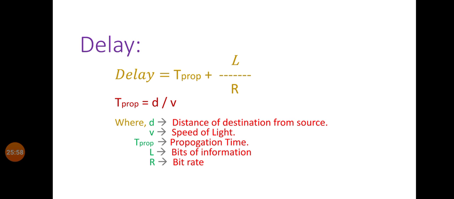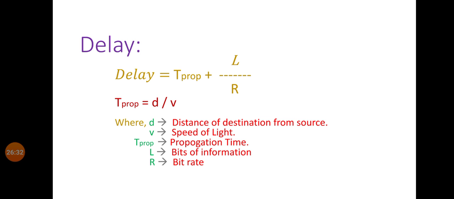So we can calculate such delay as T propagation plus L divided by R. T propagation equal to D divided by V. Here D means distance of destination from source. V means speed of light. T propagation means propagation time.